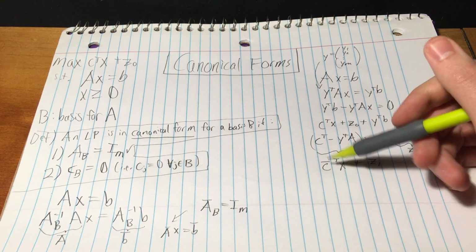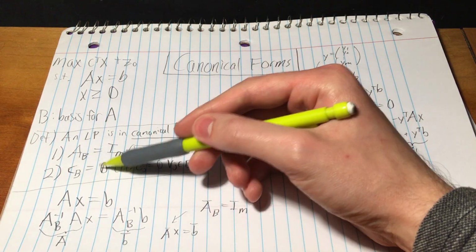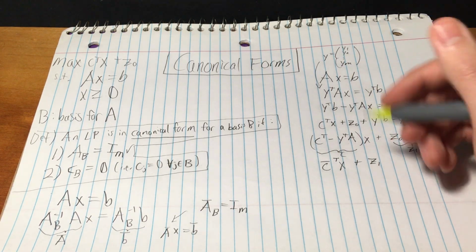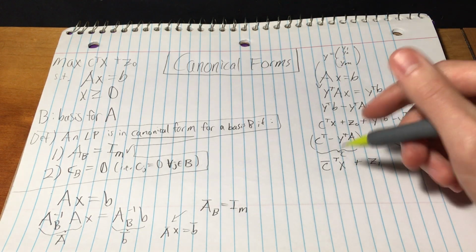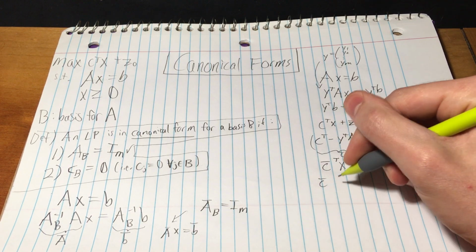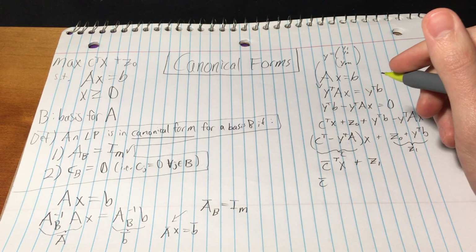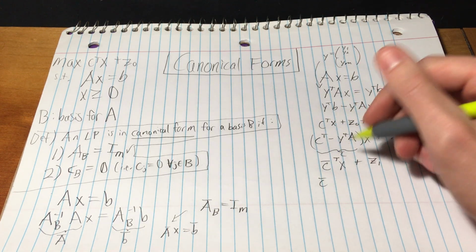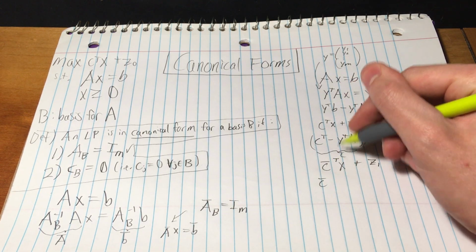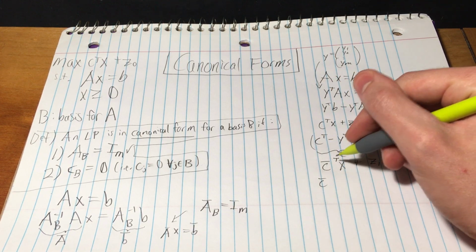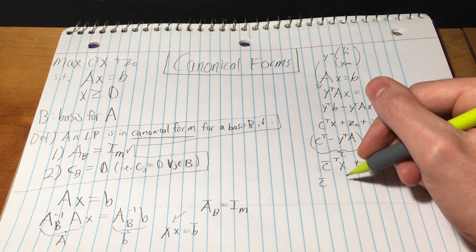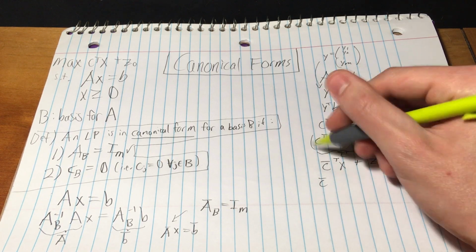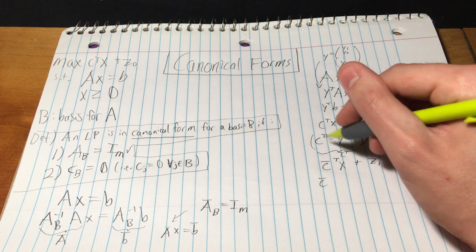And so now we want C bar to be such that C bar sub B equals the 0 vector. And remember, what is C bar? If C bar transpose is this, then C bar is the transpose of this.